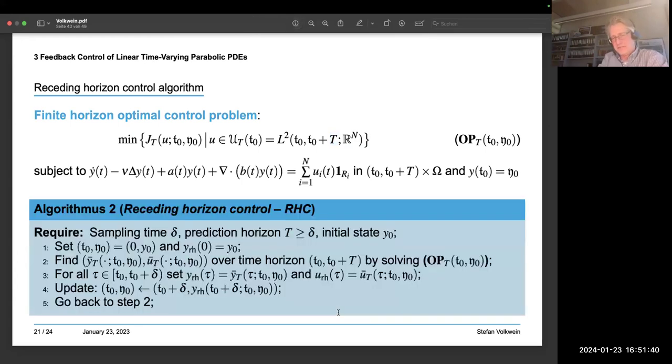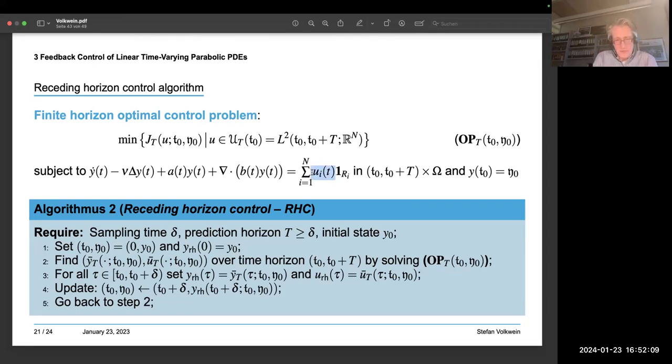And what we do is what I mentioned, receding horizon control. So you are at 0, you have the time horizon capital T, you compute a control for this time interval, and then you take this control and apply it to your state equation. There you use really the finite element approximation. You plug in the control you have computed, but only for one time step.